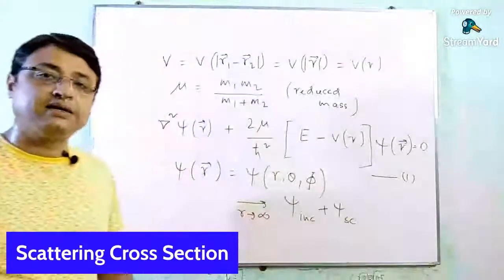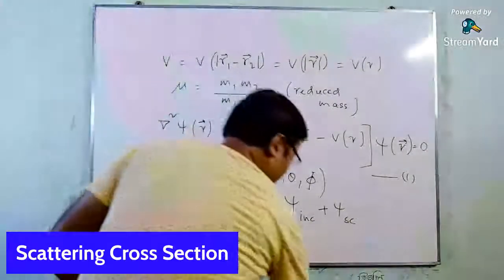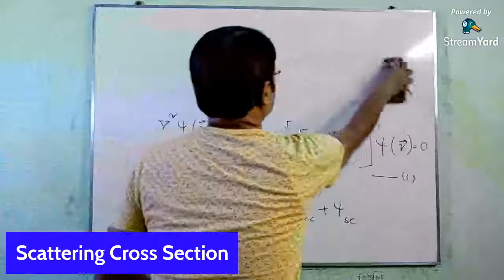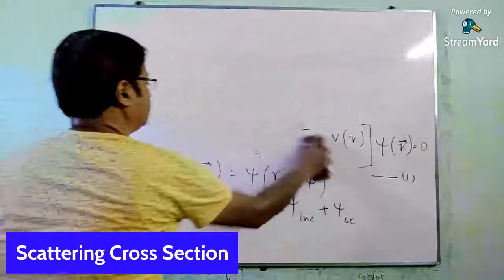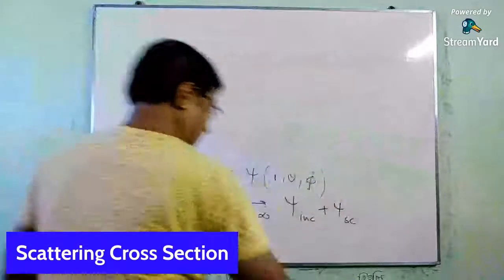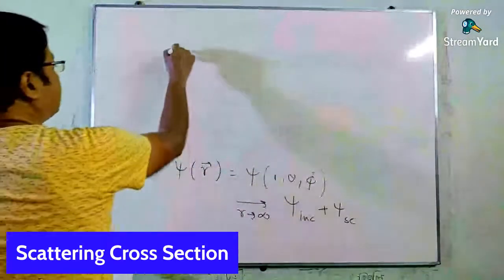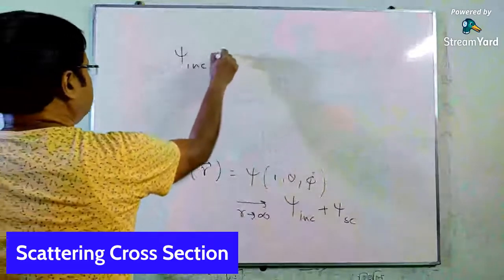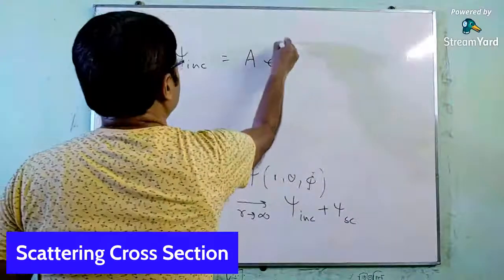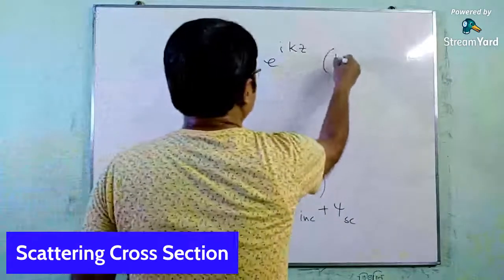Now, for r tends to infinity, the incident wave is described by psi inc equals A e to the power i k z. Now this is a plane wave.